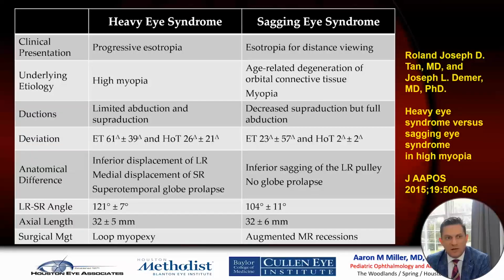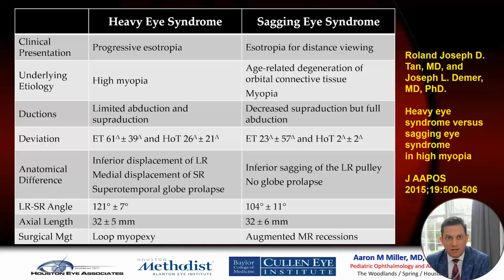You have a patient with a -12 history, and you see this condition, but the size of the deviation doesn't fit the classic heavy eye syndrome. They may have a posterior staphyloma aspect, but the size of the deviation and the axial length fits better with heavy eye. So I find that it depends.